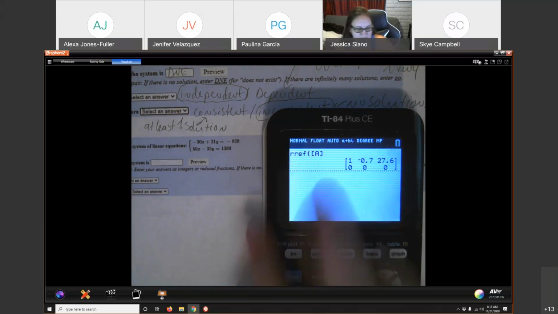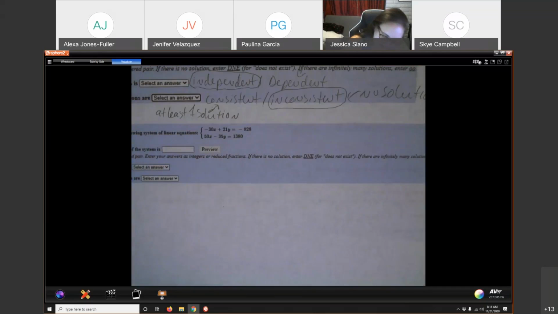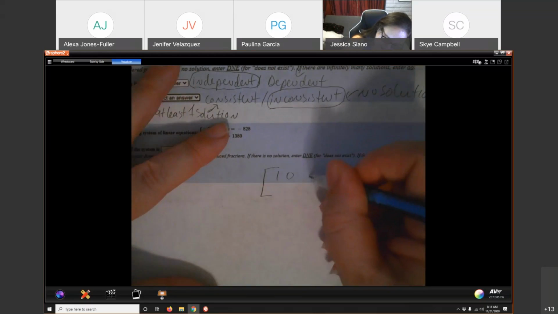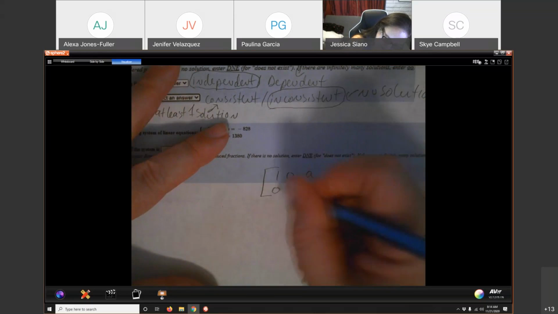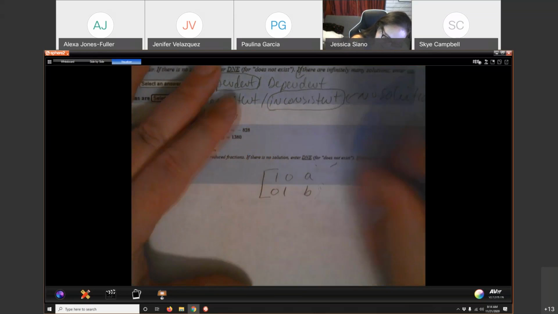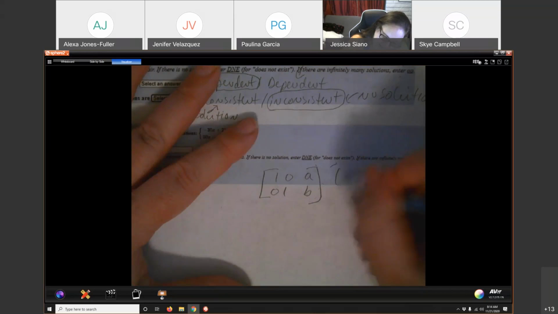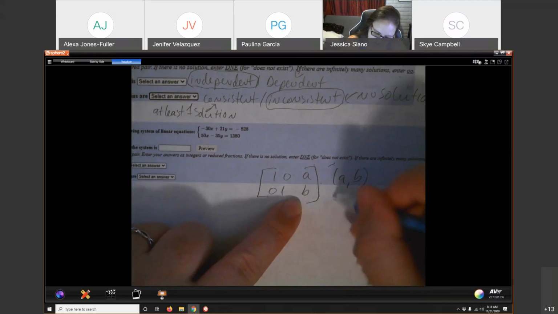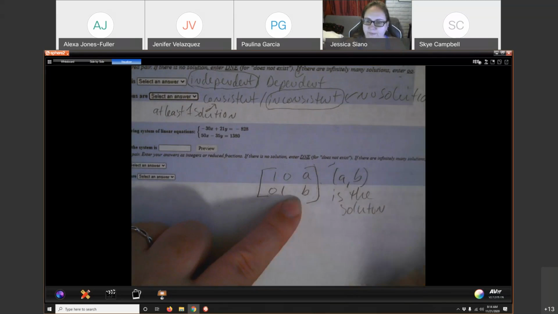So a few notes. If you get 1, 0, and then a number, 0, 1, and then a number, that point is your solution.